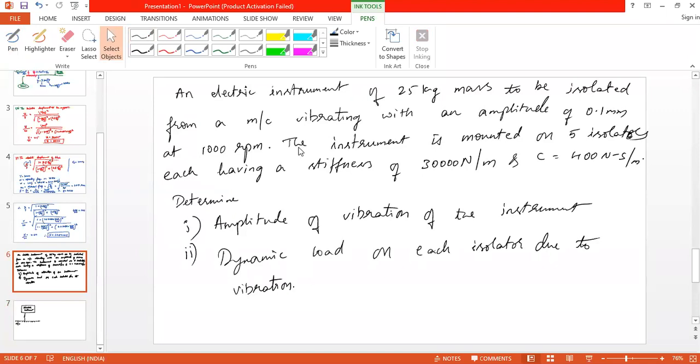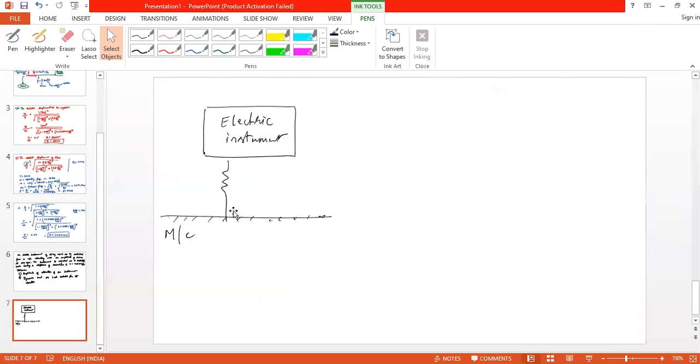In this question, the instrument is mounted on 5 isolators, each having a stiffness K of 30,000 Newton per meter, and a damper with a damping constant C equal to 400 Newton second per meter.